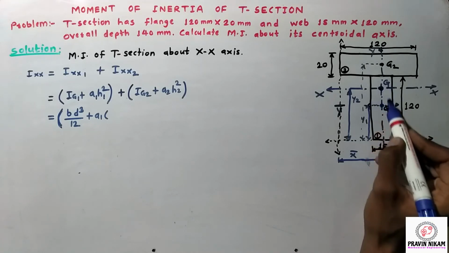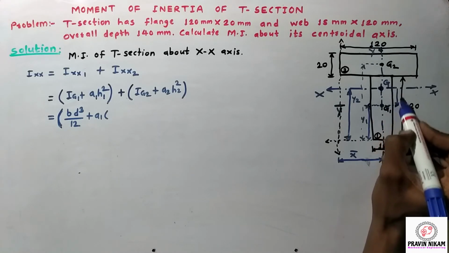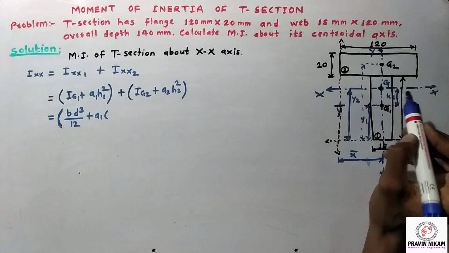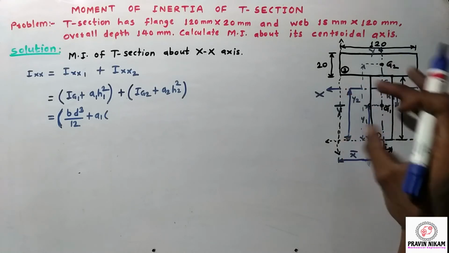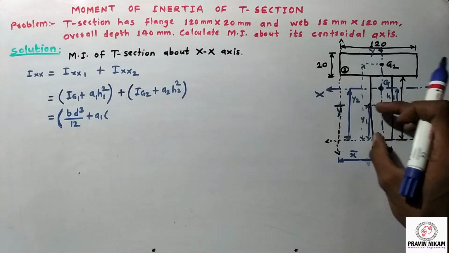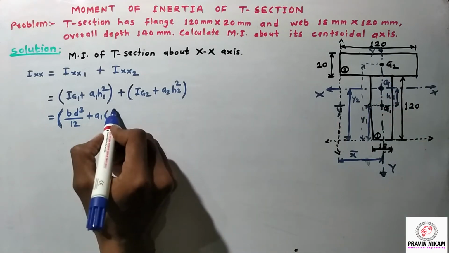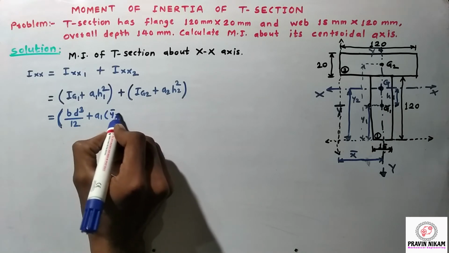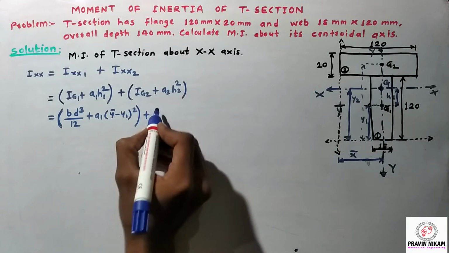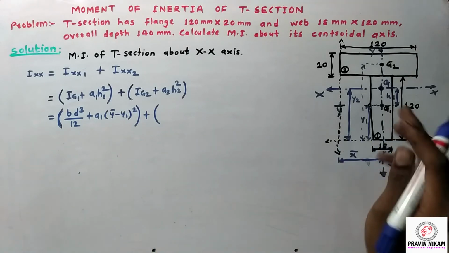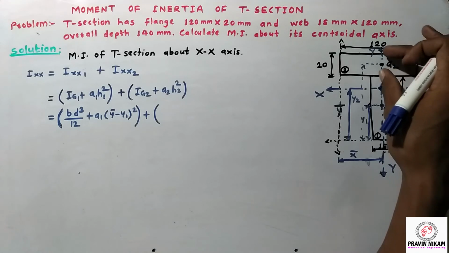This total is y bar and this is y1, so H1 is (y bar minus y1) whole square. Plus Ig2, which means the moment of inertia of this section.